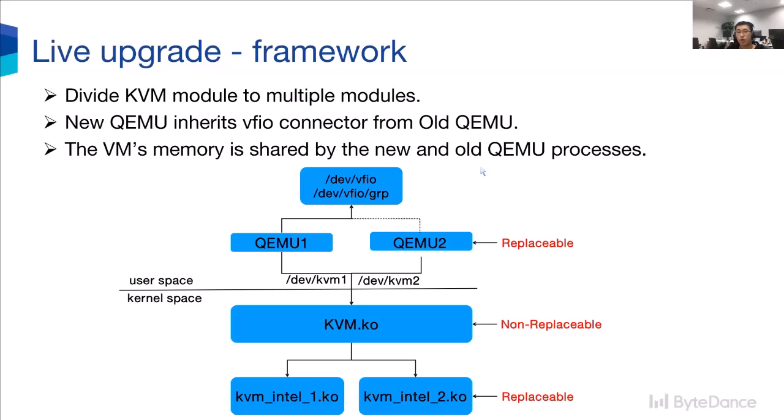The mapping from GPA to HPA is not changed during the live upgrade, and the IOMMU translation table remains valid. So device DMA operations can continue execution without interruption, even when the VM is stopped.